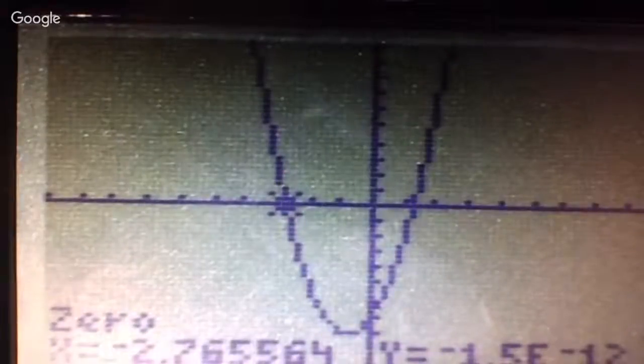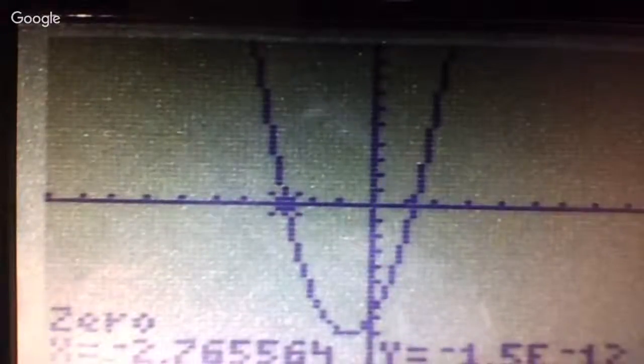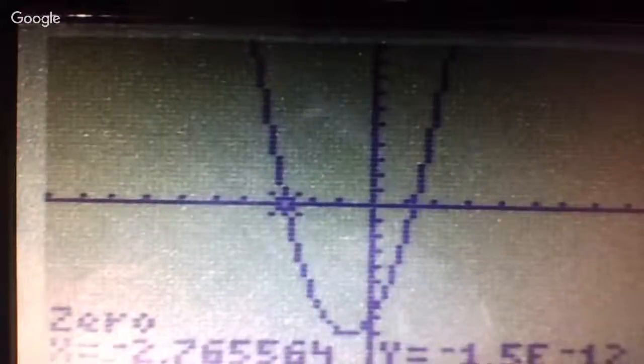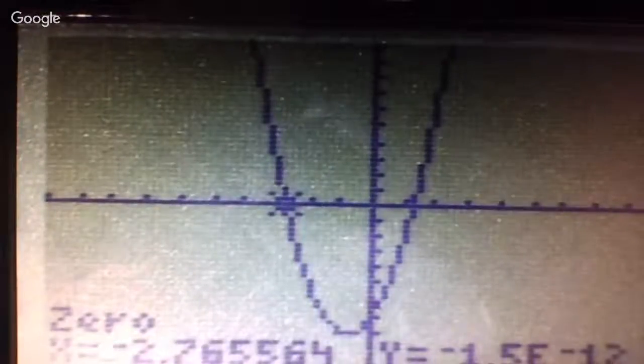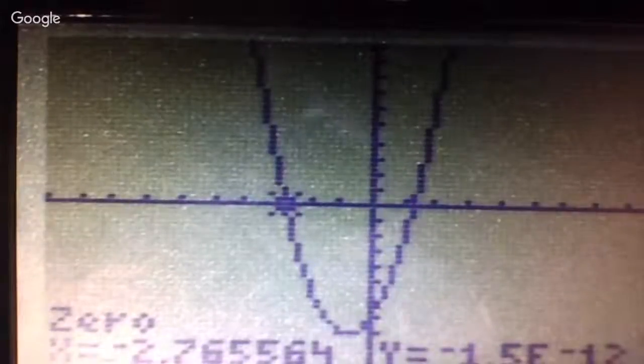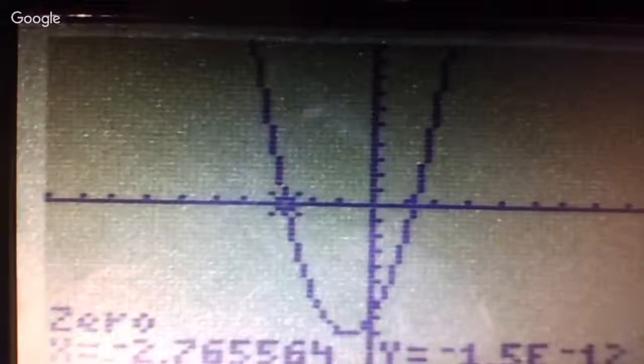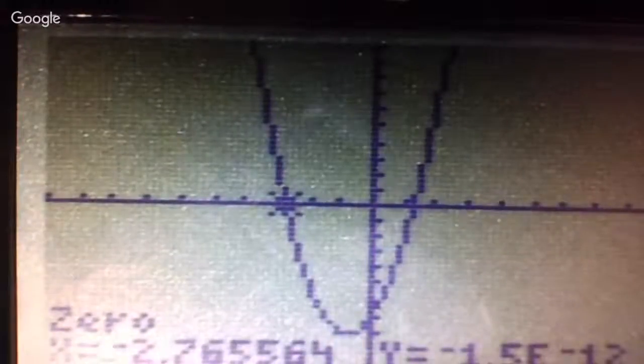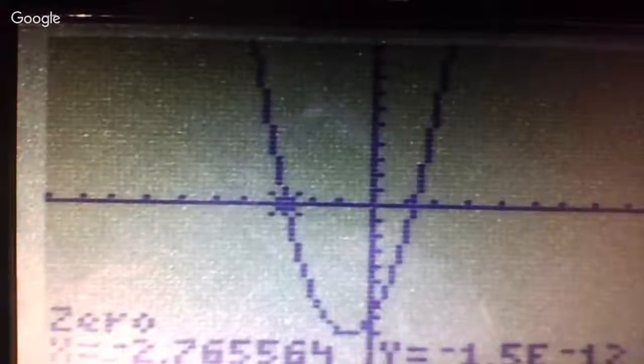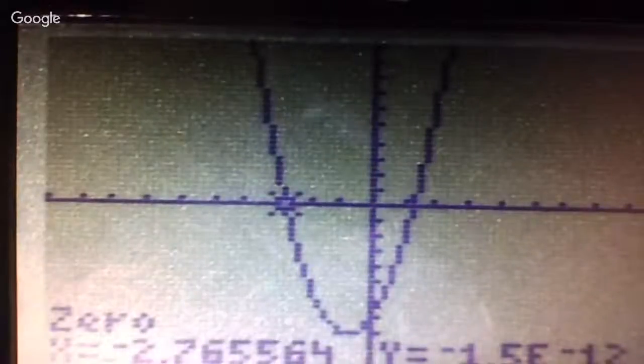Some of you will end up with y equals 0, depending on where you put it to guess. Sometimes you'll get this, but this is a very, very small number.